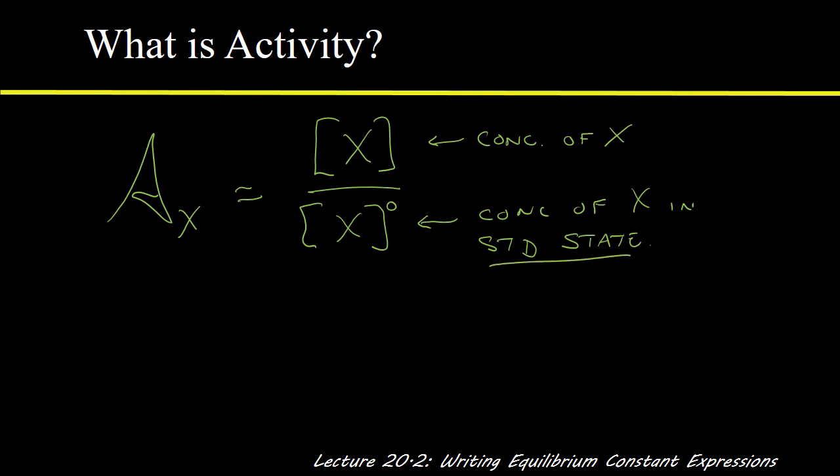And where the complication arises is that different kinds of species have different standard states. Okay, so the first thing we're going to look at are soluble species. I think soluble works fine, but dissolved is probably better.